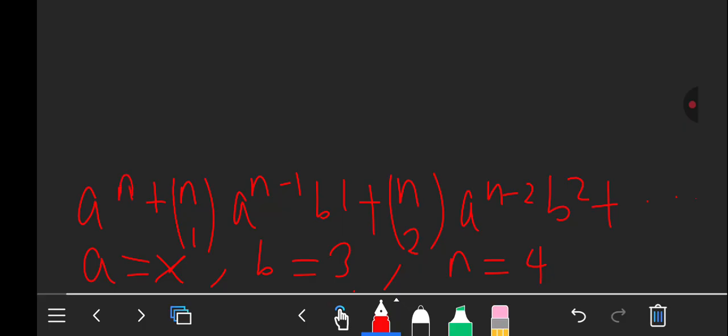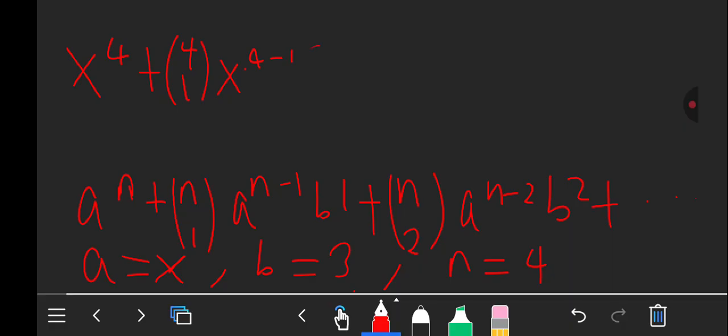So a is x, so it will be x to the power n, and our n is 4. Then plus 4 combination 1, then our a is x, to the power 4 minus 1.